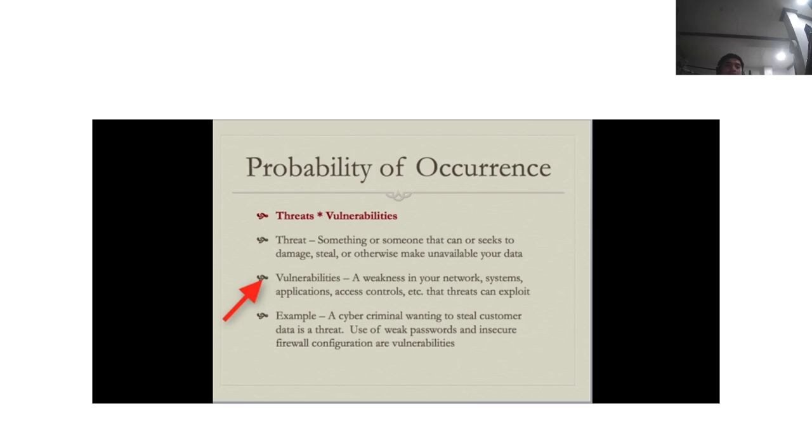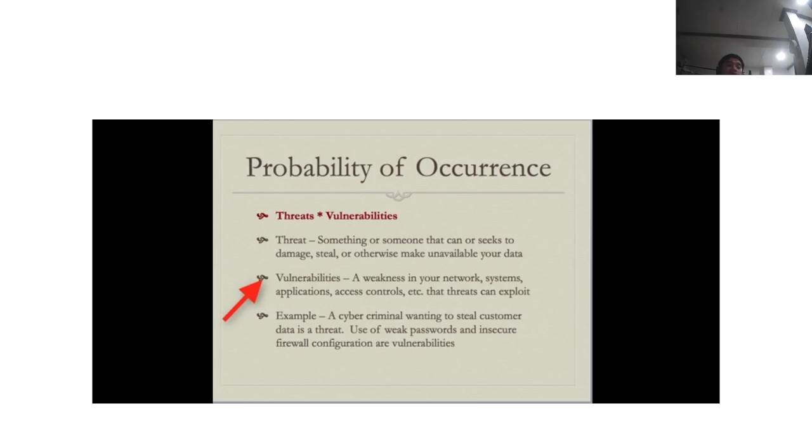A threat is something or someone that can or seeks to damage or otherwise make your data unavailable. So you should look at whether your data is not available, something that is not normal happening. A vulnerability is a weakness.